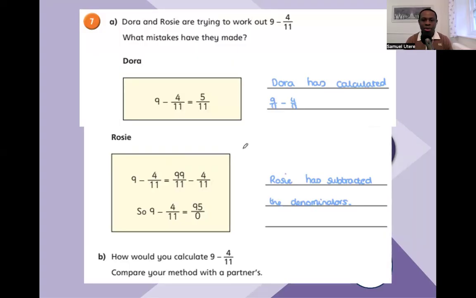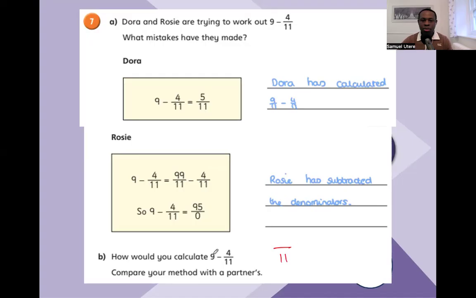Now, how would you calculate 9 minus 4/11? Well, let's discuss this really quickly because it helps us understand the concept of fractions even better. Remember what we said, that the denominator tells us the number of parts that we have to work with. So we know when we convert 9 wholes, it has to have 11 in the denominator.